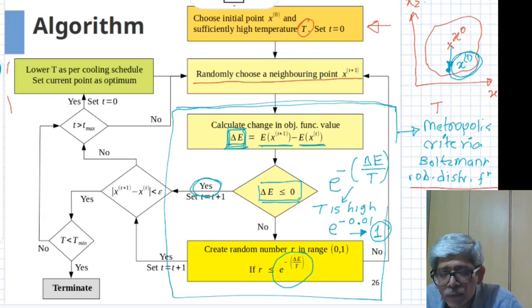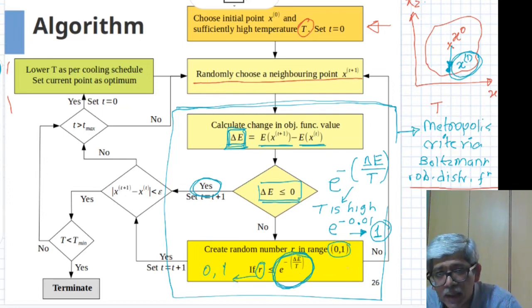Now the criteria of whether to select the point which is having a higher energy value is as given below. On the right hand side of the selection criteria, you have the Boltzmann probability function. On the left hand side, you have a random number which is chosen in the range 0 to 1. So this R is in the range of 0 to 1.